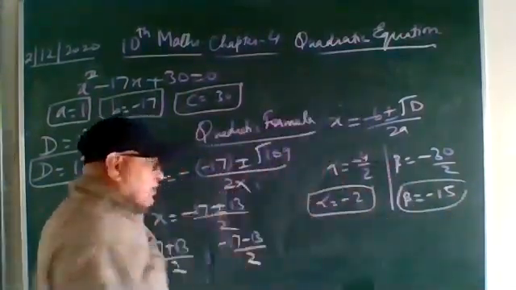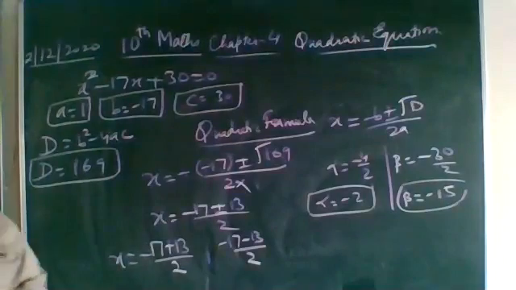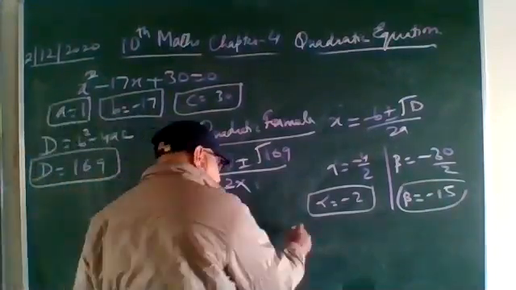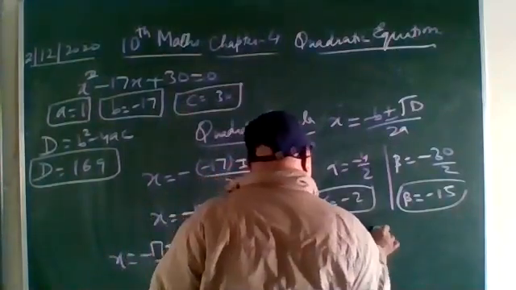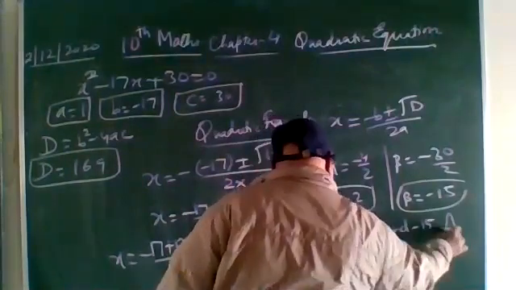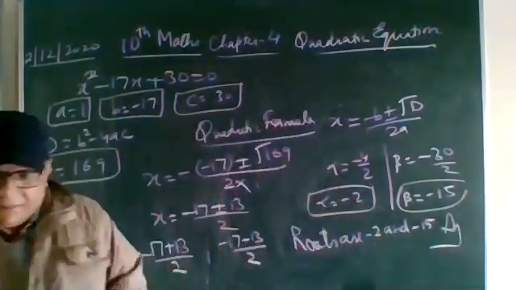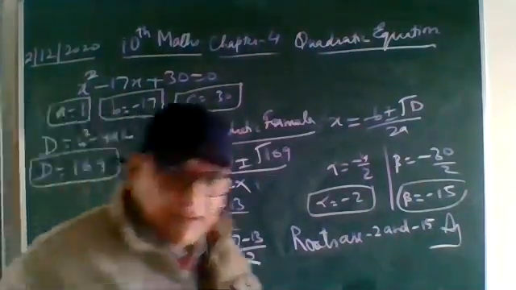In the last, you can write the roots are minus 2 and minus 15. Roots are minus 2 and minus 15. Answer. This is how you have to do the questions.